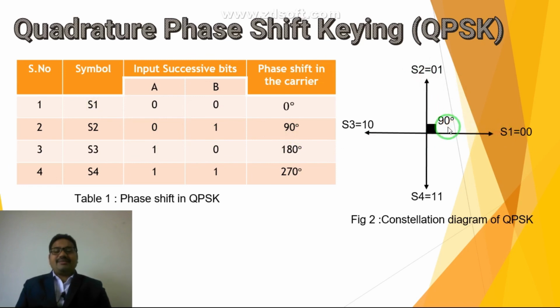Similarly, when there is a transmission of symbol S3, that is the 10 pair, there is a phase shift of 180 degree with respect to S1. And similarly, at the last, when you transmit symbol S4, that is 11, there is a phase shift of 90 plus 90 plus 90, that is 270 degree with respect to S1.